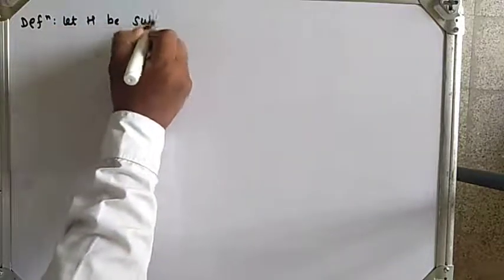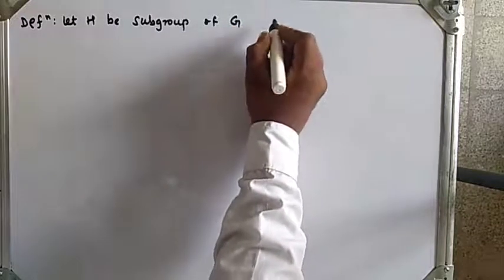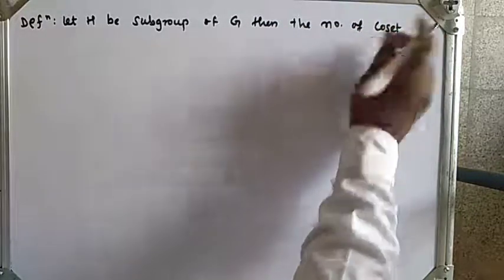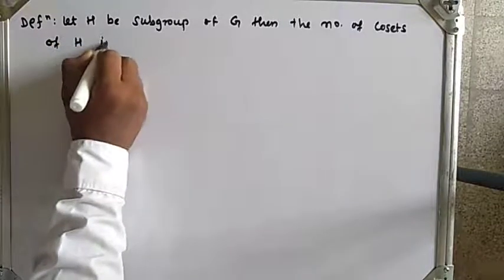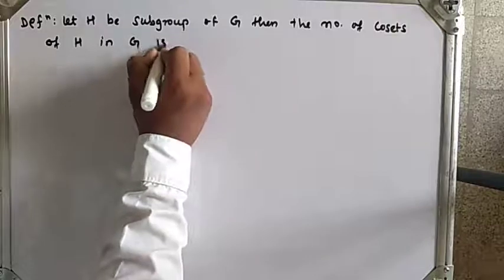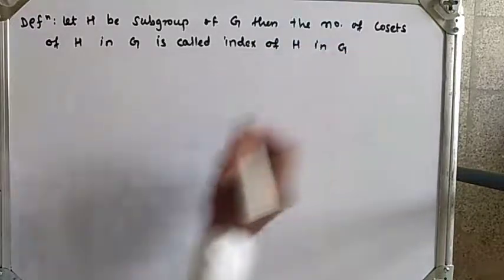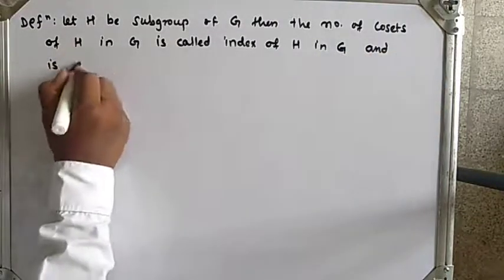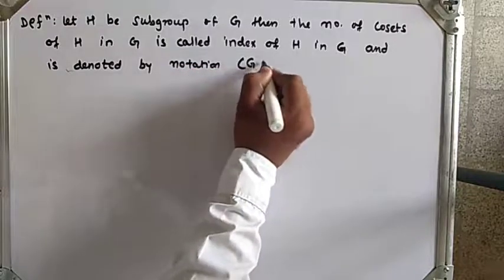Let H be a subgroup of G. Then the number of cosets of H in G, which is either left coset or right coset, is called the index of H in G, and is denoted by the notation [G : H].